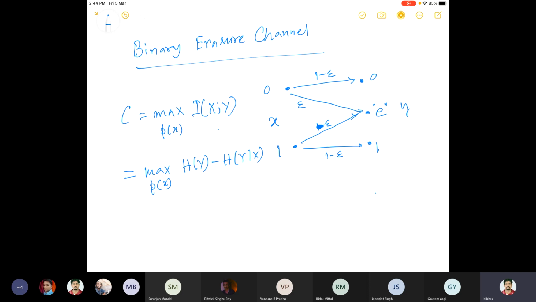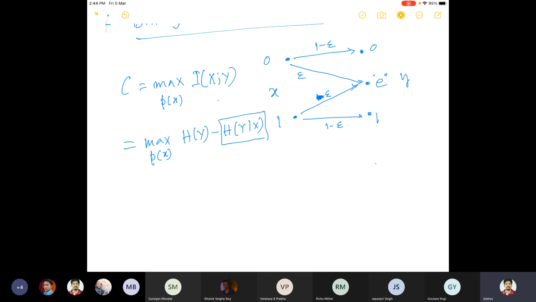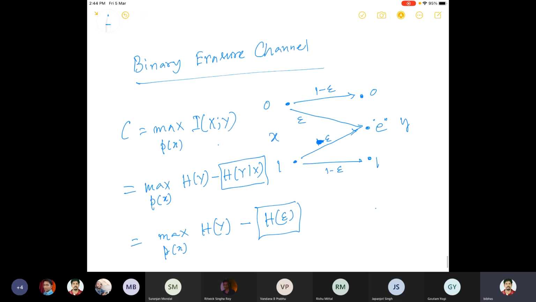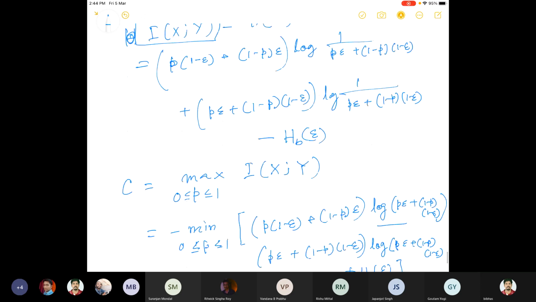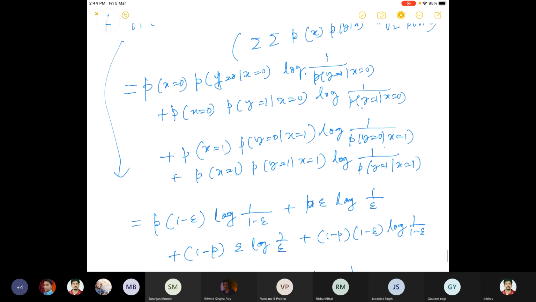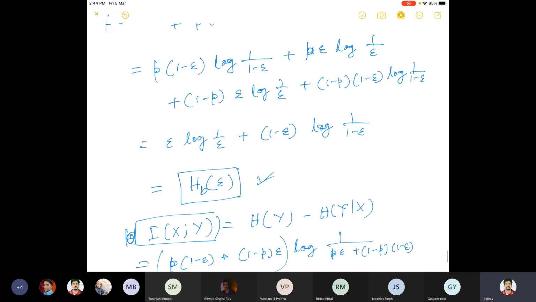Again, here you can compute this H(Y given X) using the previous formula, and you will see that this will be nothing but H of epsilon. So you can do that computation. So let me write it here: max over PX of H(Y) minus H(epsilon). You can compute that using the same formula like I used here. Similar things will come here.